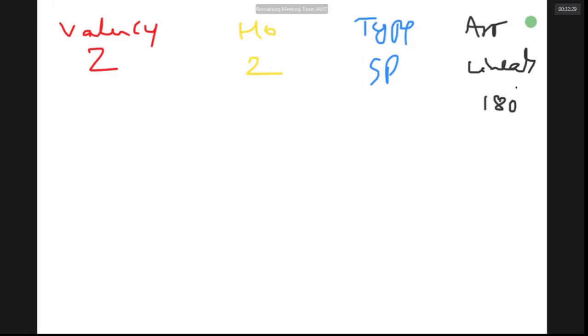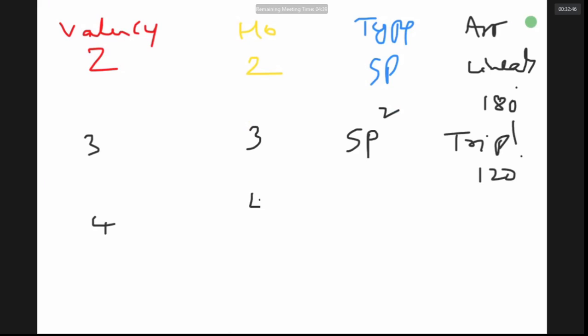If the valency of an atom is 3, it offers 3 hybrid orbitals called sp2. They are arranged like trigonal planar with a bond angle of 120 degrees. If the valency is 4, it has to offer 4 hybrid orbitals. The 4 hybrid orbitals can be sp3.